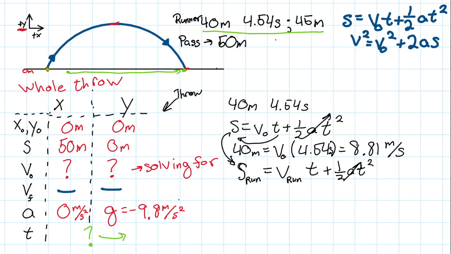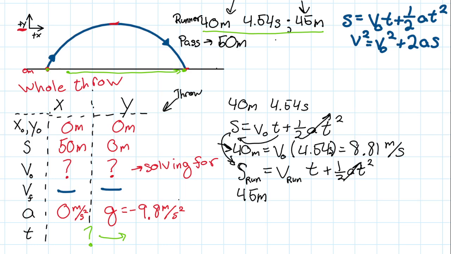We're just assuming there's some special thing where they started running beforehand maybe, and that's the point it starts. Don't worry. The point was just we didn't want to overcomplicate this problem. So s of the runner, the distance the runner has to go for the actual throw, was 45 meters. I used 40 because that is how we were getting their speed. It was the given for the speed. And then 45 is how far they had to go to actually make this catch.